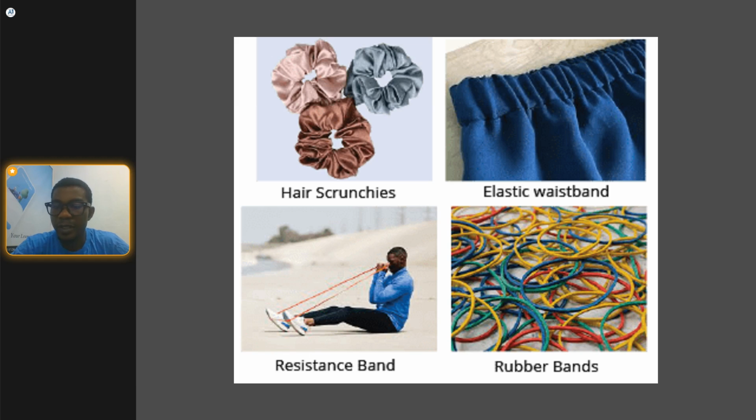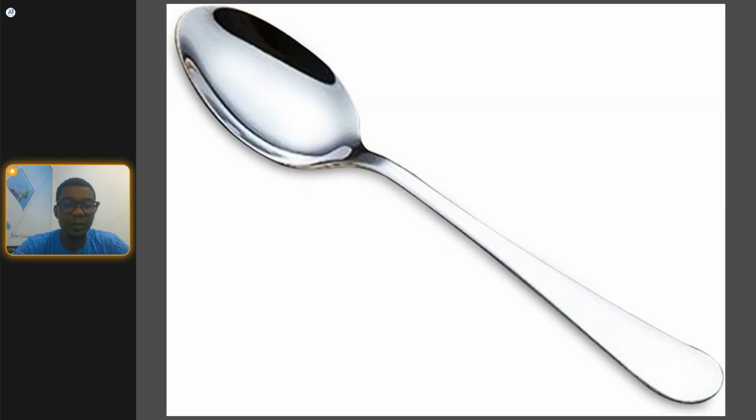Okay, so we have this. Yes, we have this, this is what? A steel spoon. Steel, a metal called steel. This is a steel spoon.